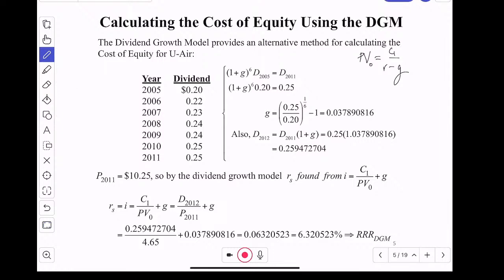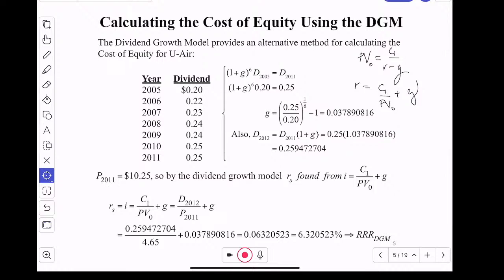If you rearrange this, what you get is R equals C1 over PV0 plus G. As long as you have your assumed constant growth rate and you know the current price and the next dividend, you can estimate the required rate of return. So this is another way that you could get the return or the cost of equity in an all equity firm.